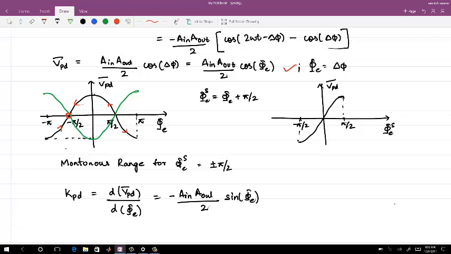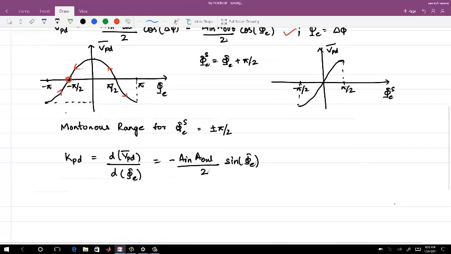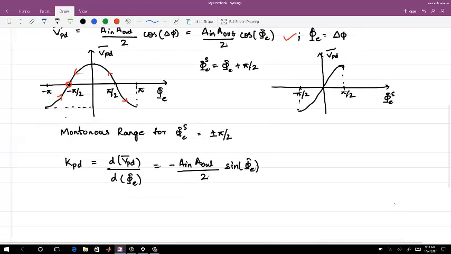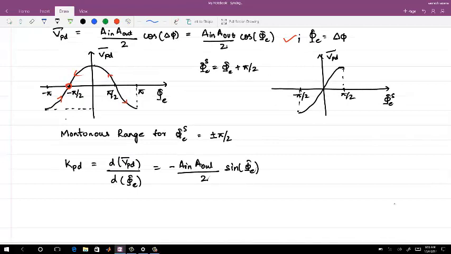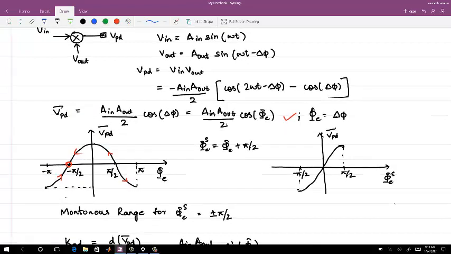So for that, let me just remove this. If I plot the gain curve here, this is actually the sine of phi. Is there any minus sign missing somewhere?